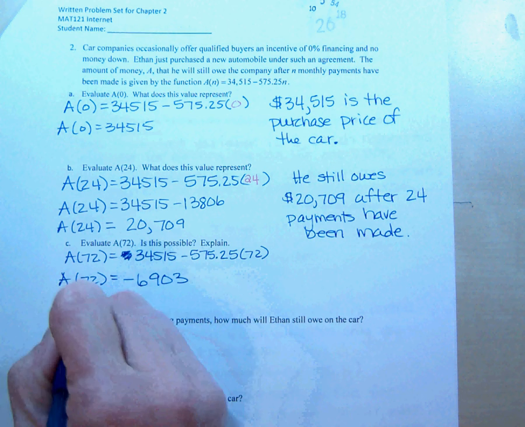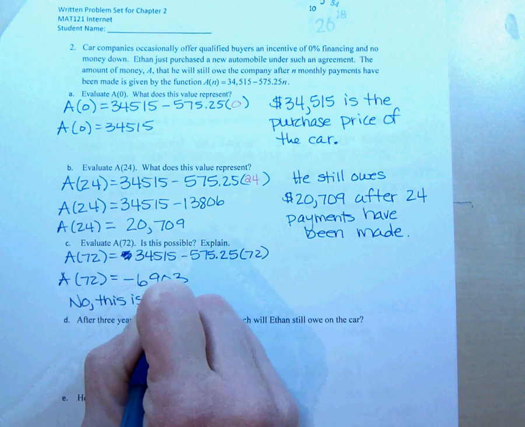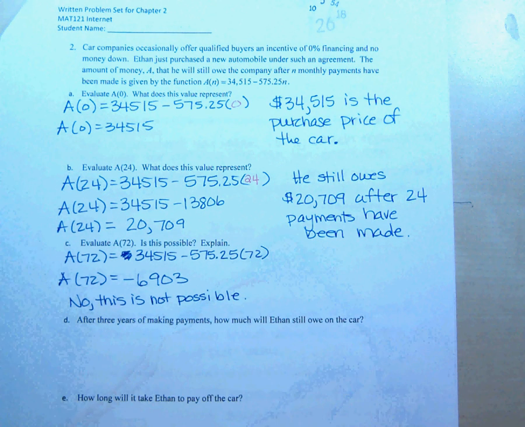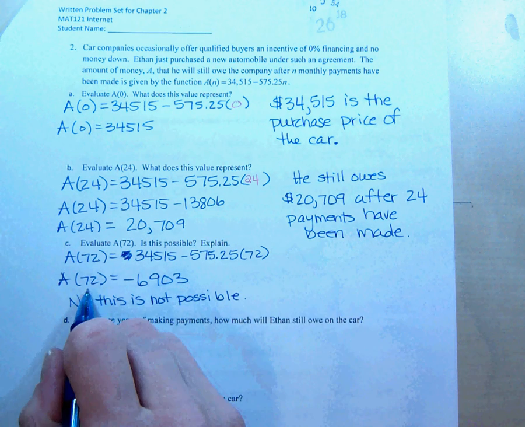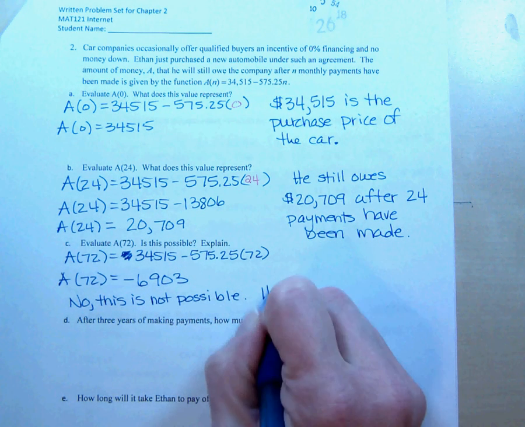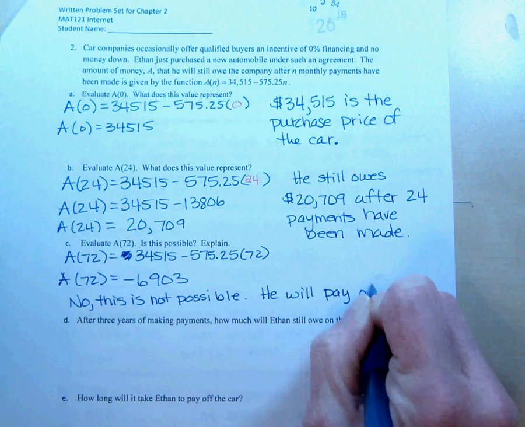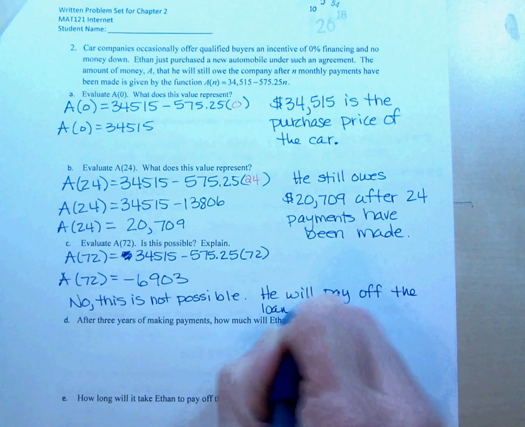No, this is not possible, because it's not possible for him to owe a negative amount of money. So we would say that before 72 months, he will have paid the car off. So he will pay off the loan before 72 months.